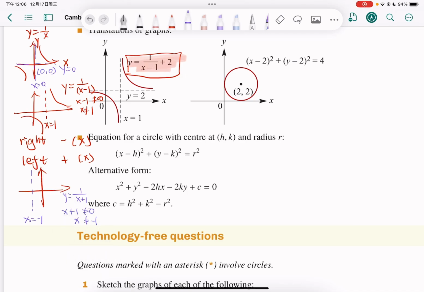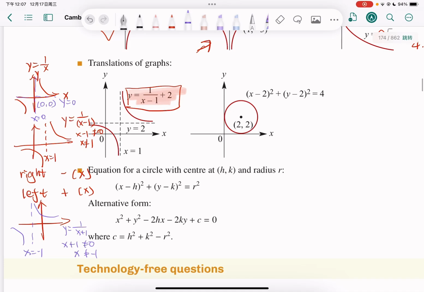So this is one way you can think of the translations, because this hyperbola has a very important property, that the asymptote actually relates with the function. So if you have an asymptote of x is equal to 1, that means in the function, beside the x, you have x minus 1.